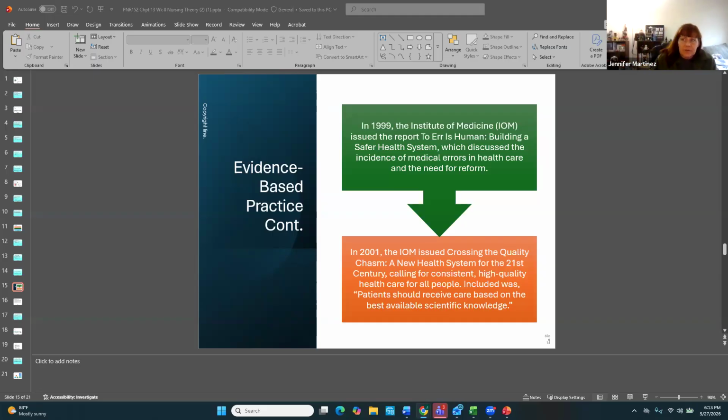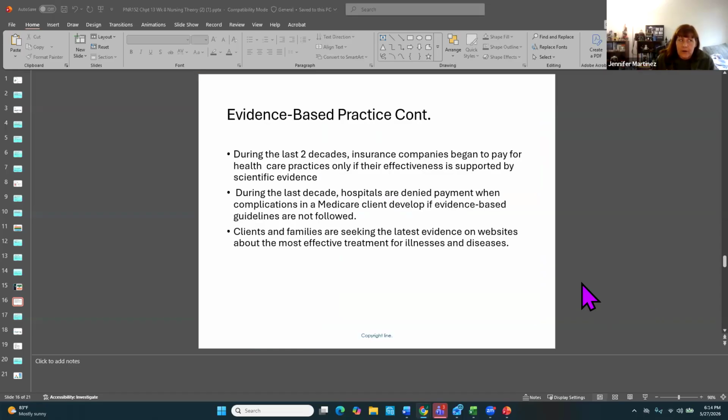Of course, a lot of what we hear about too is the medication errors, and we know that there have been some significant medication errors that have occurred. And so again, it's about providing safe, effective care for our clients, and a lot of our safety interventions have been put in place to try to prevent these from occurring.